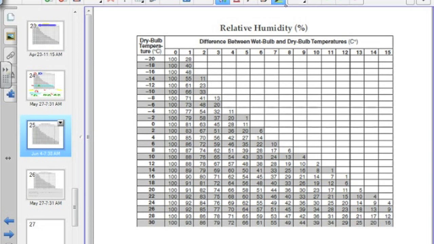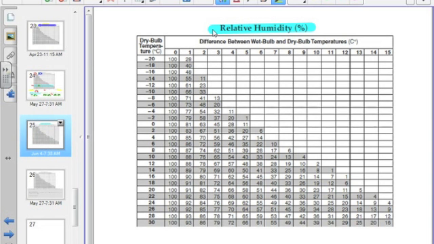Still, we see the same kind of setup. Title, relative humidity, and the units. So now you notice all of our units are in percent, because relative humidity is how full is the air of moisture, what percent full.